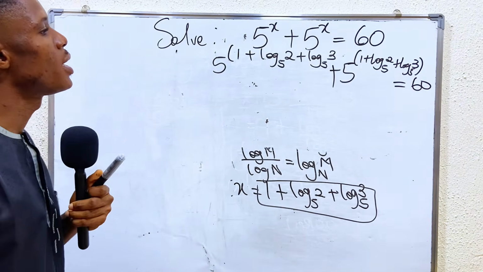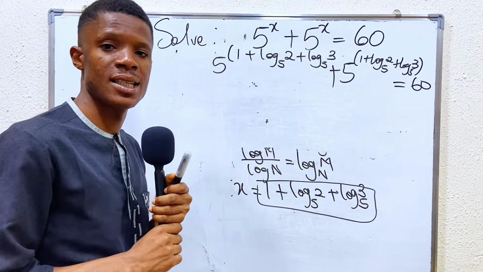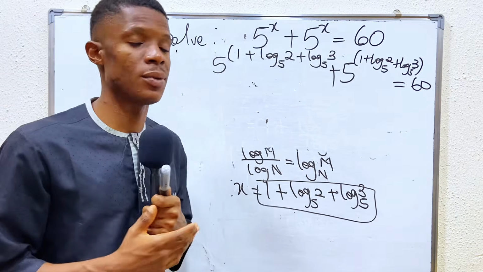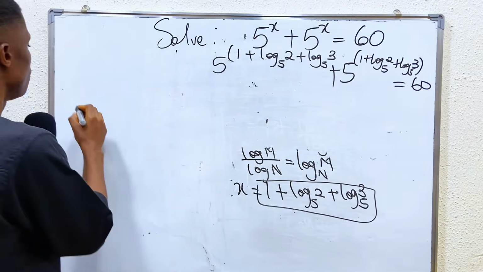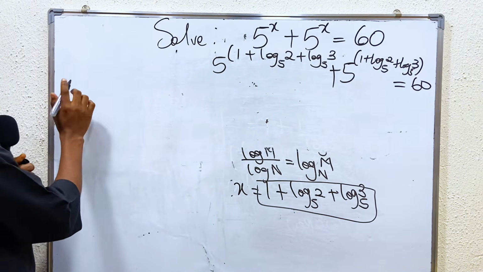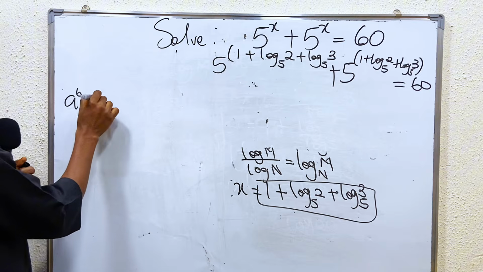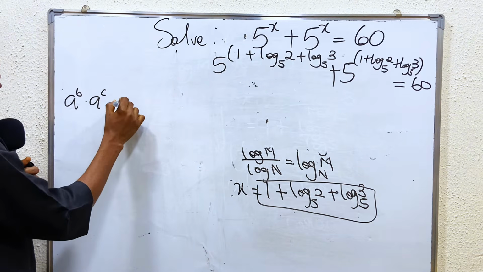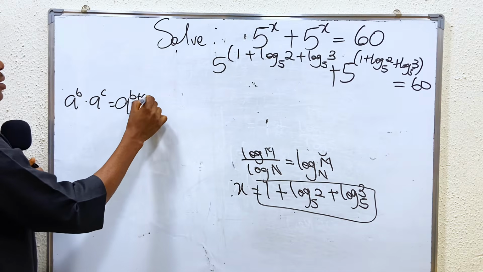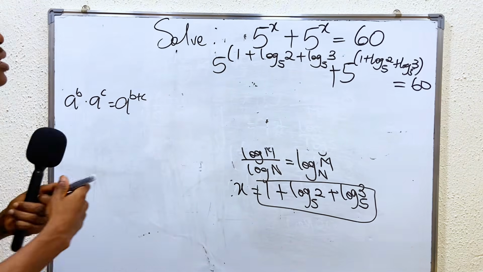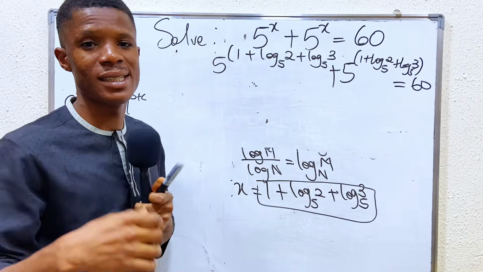Whenever we are dealing with exponents, when we have a to the power of b times a to the power of c, it is the same thing as a to the power of b plus c, adding the powers. So since this one is adding, we take it individually.